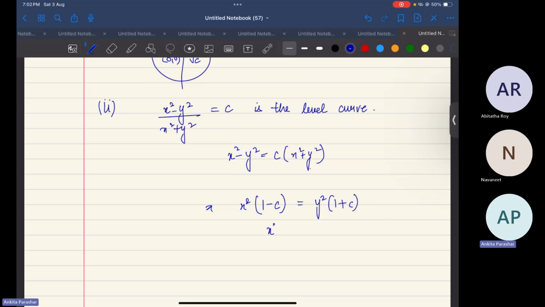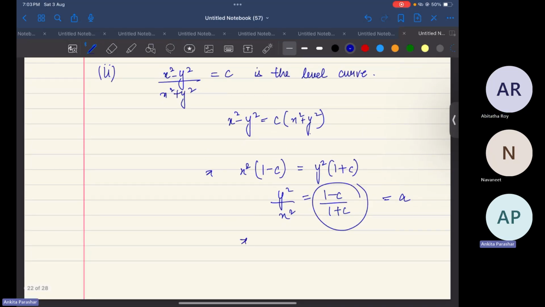Simply write y square by x square is 1 minus c by 1 plus c. It's another constant, right? If I write this to be some a, there is no harm in writing. So I can simply say y square equal to a x square, which will give me y equal to plus minus root a times x. This is okay, right?